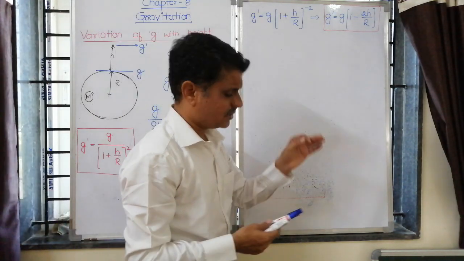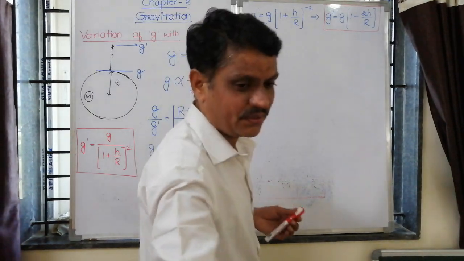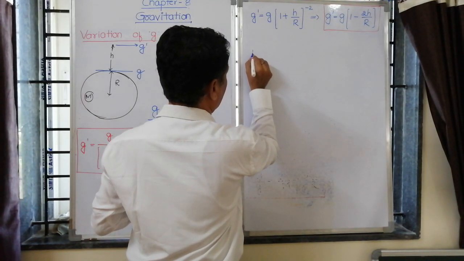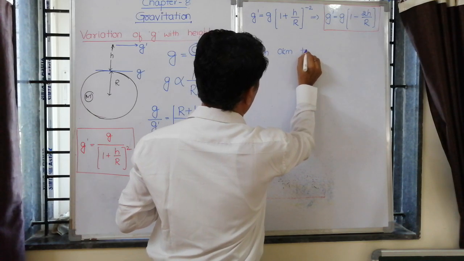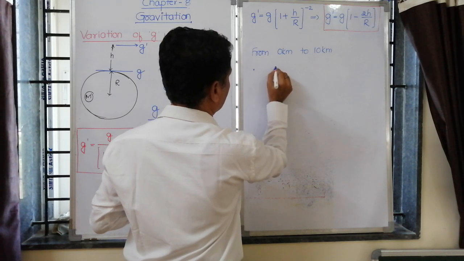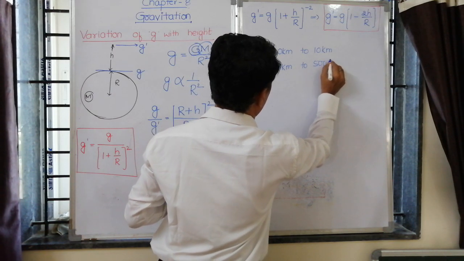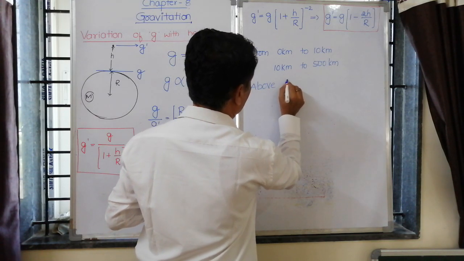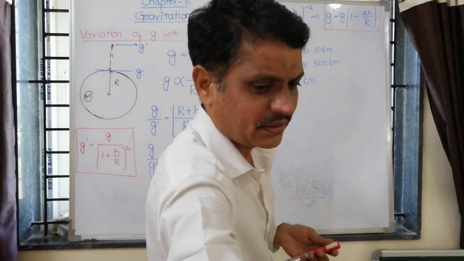So actually there is no clear-cut demarcation for this, even though for our convenience approximately we can take from 0 kilometer to 10 kilometer, from 10 kilometer to 500 kilometer, and above 500 kilometer. Like that we can make separation.